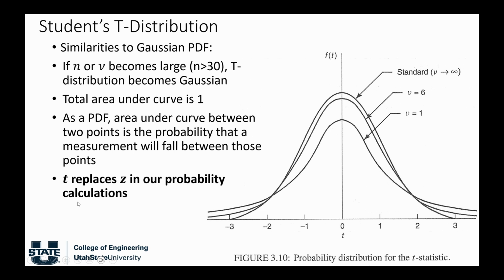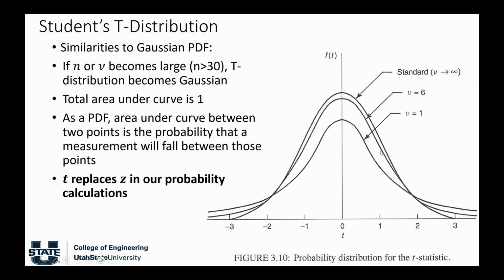It's that simple. If our degrees of freedom approaches infinity, we get right to a Gaussian distribution. Whereas if we start getting lower and lower, we can see that we have a different distribution. The probability distribution function starts to flatten out and get shorter and widen out a little bit.